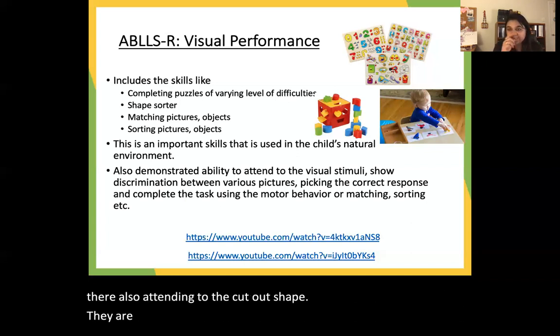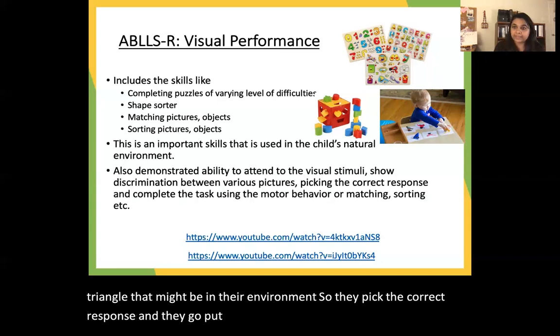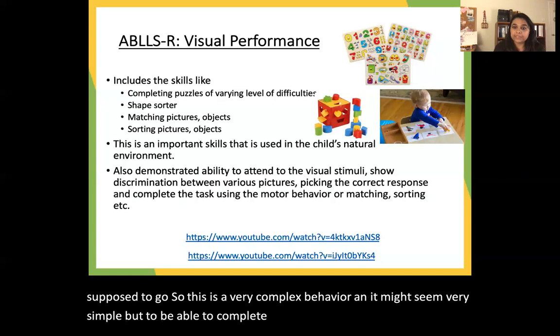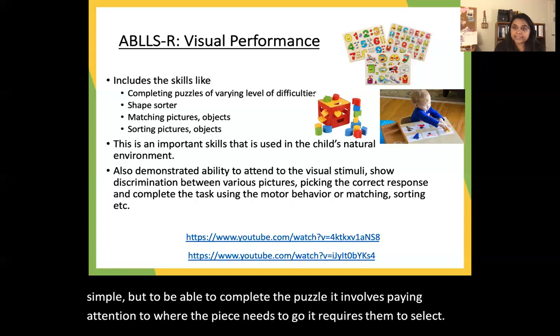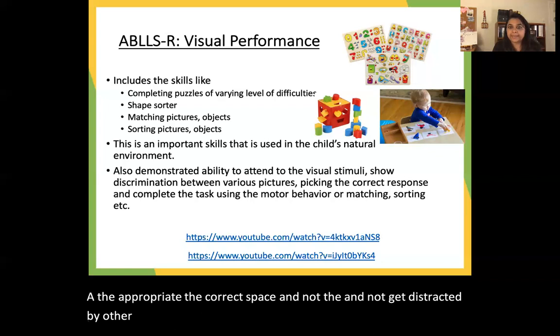They are paying attention to that shape and not to the circle or the triangle that might be in their environment. So they pick the correct response and put the square block where the square shape is supposed to go. This is a very complex behavior, and it might seem very simple, but to complete a puzzle, it involves paying attention to where the piece needs to go. It requires them to select the correct space, not get distracted by other spaces, and in the process complete the whole puzzle.